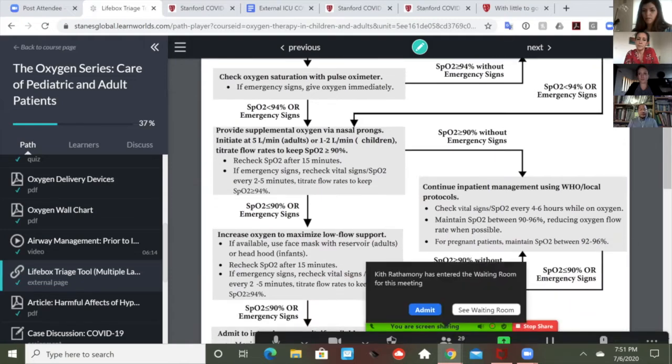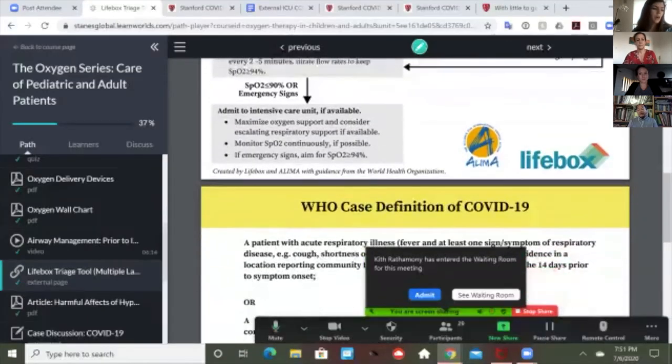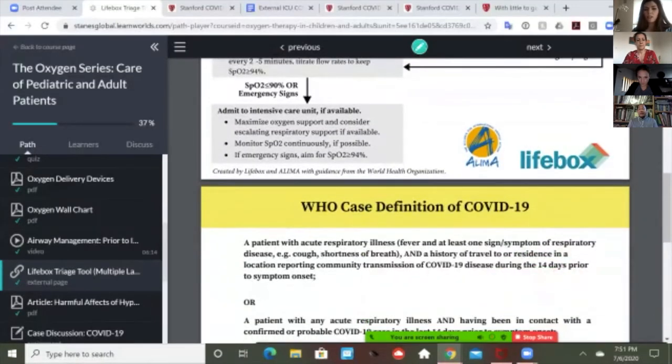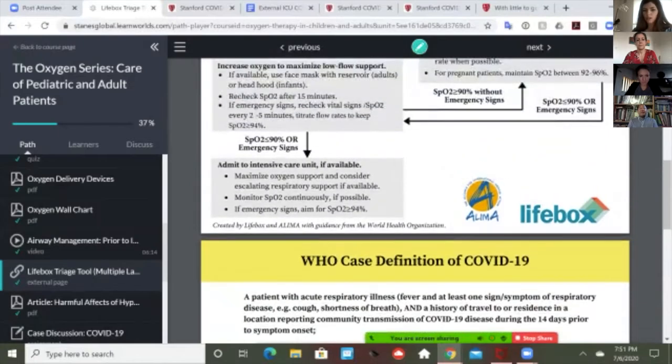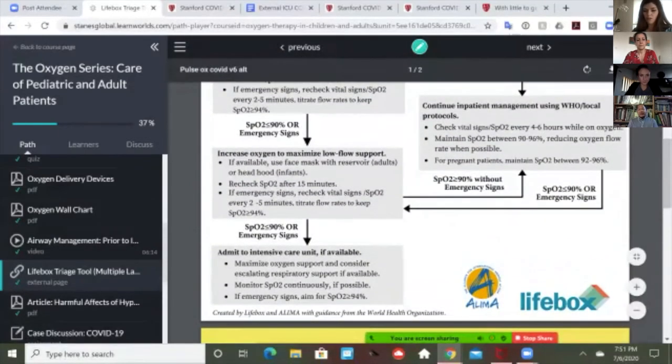And maintaining it. One of the questions asked: how do you decide when to discontinue oxygen? Do any of our panelists want to answer that question? I can attempt to answer that. It's going to be very different for every patient, depending on the level of oxygen support they're currently requiring.